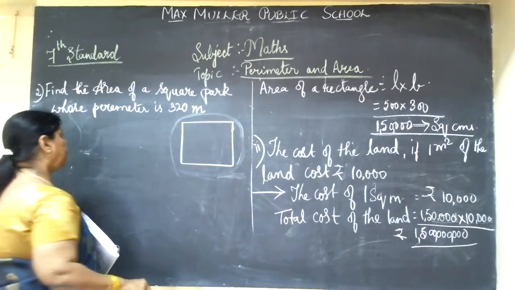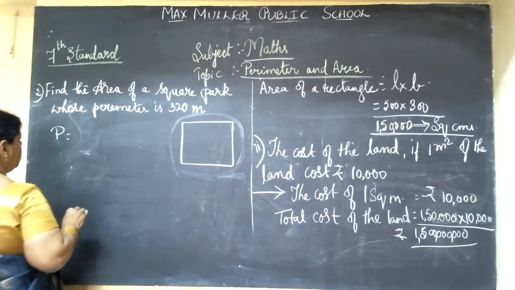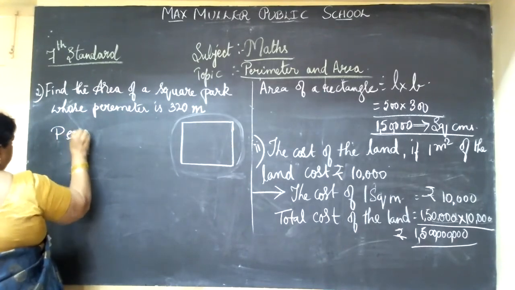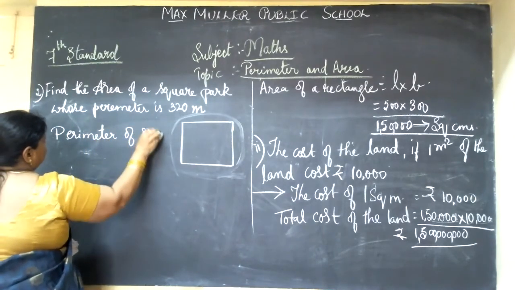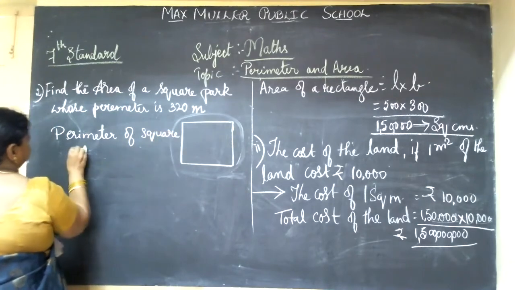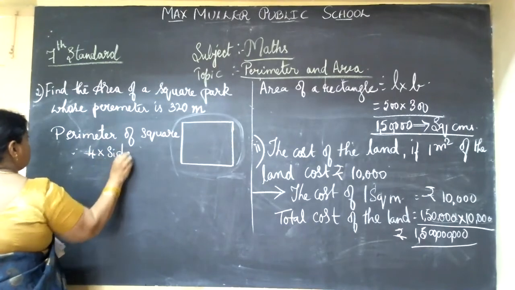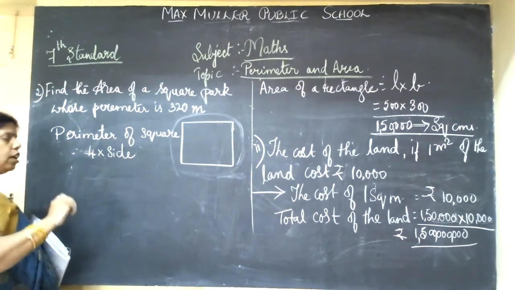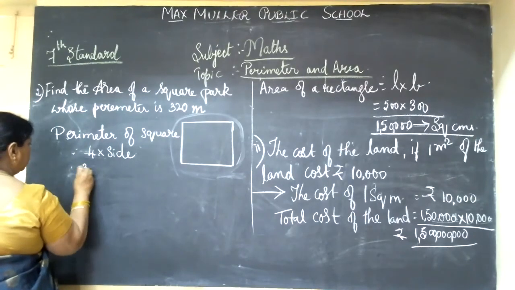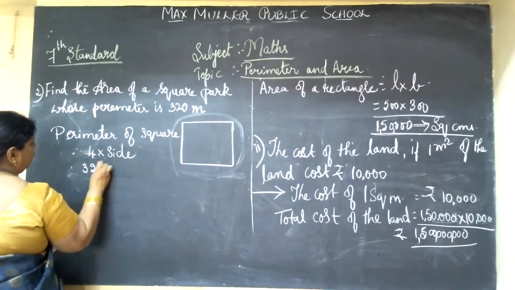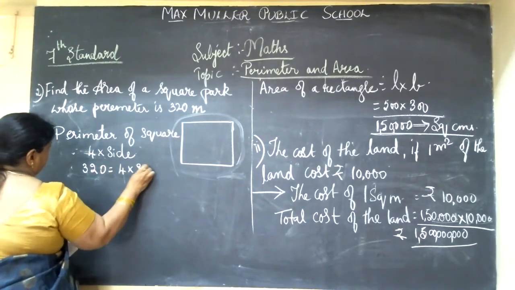Square, no. How to write? Perimeter formula, what is it? Perimeter of a square is equal to 4 into side. But now we have to find the side, so we have to divide 320. 320 is equal to 4 into side.